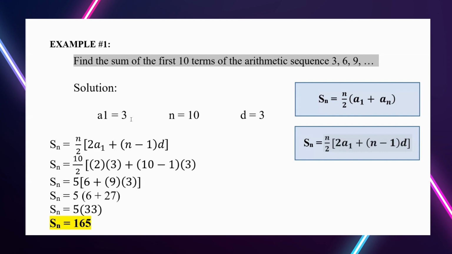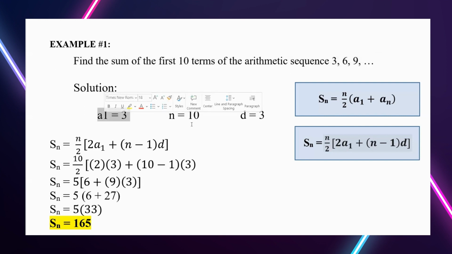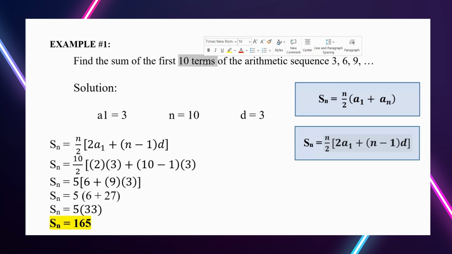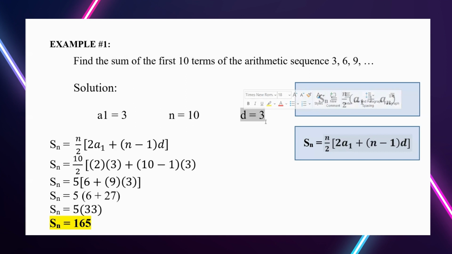So, based sa given sequence natin na 3, 6, 9, ang ating first term ay 3. Ang ating n naman ay 10 dahil binanggit sa given natin na meron 10 terms of the arithmetic sequence. At meron tayong common difference na 3.